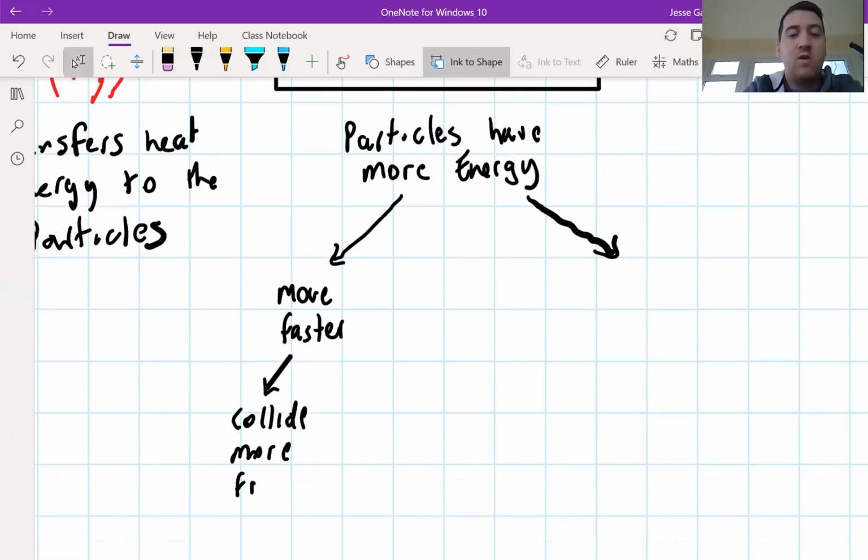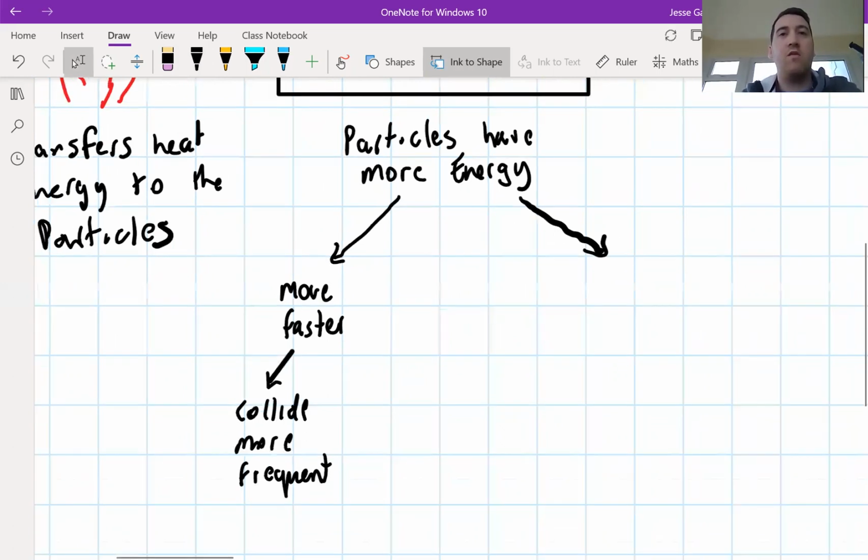And remember that this word frequently just means often. How often? So if they're moving faster, they're going to collide more frequently. The higher temperature also means that the particles have more energy, so they're moving faster because they have more energy.